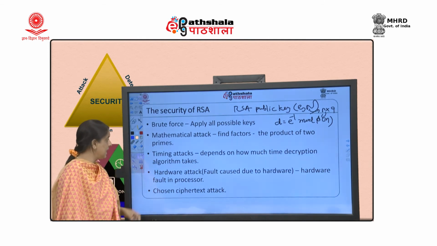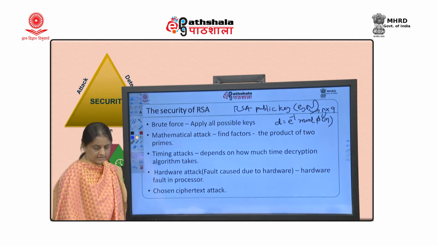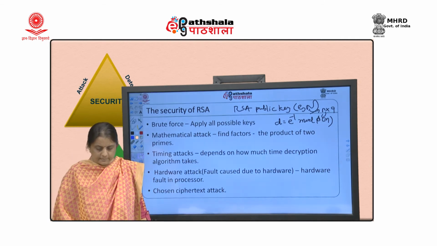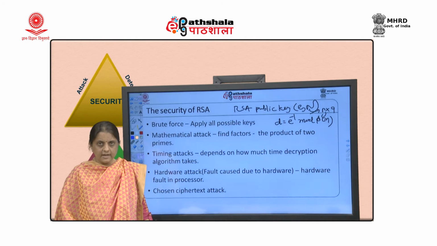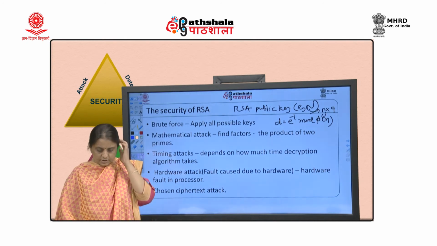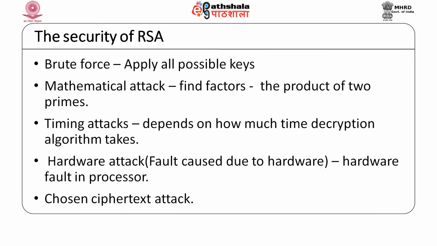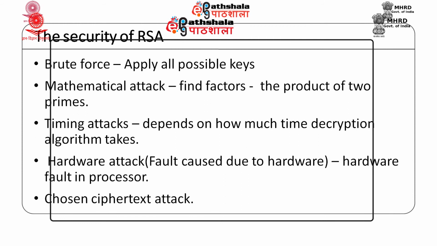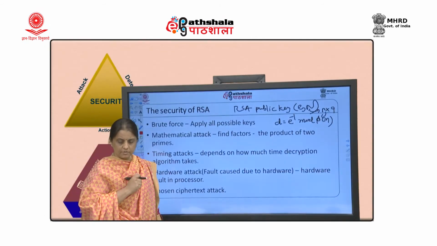It depends on how much time the decryption algorithm is taking. For example, the attacker is trying to notice the precise time of decryption. Now you know the square and multiply algorithm, how does it work?